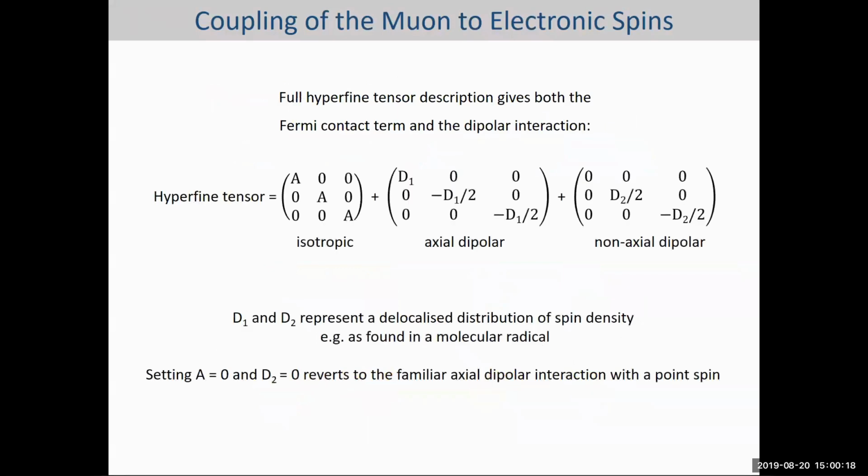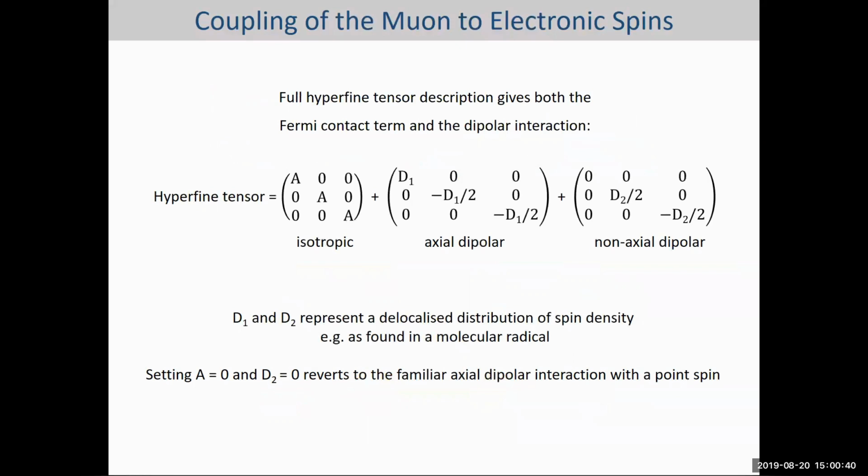So putting the isotropic and the dipolar part together is often useful, just to have a generalized hyperfine tensor, which gives you the isotropic part from the contact term and then the dipolar part. And it's useful to separate this into an axial term and a non-axial part. So then you have a simple set of parameters.